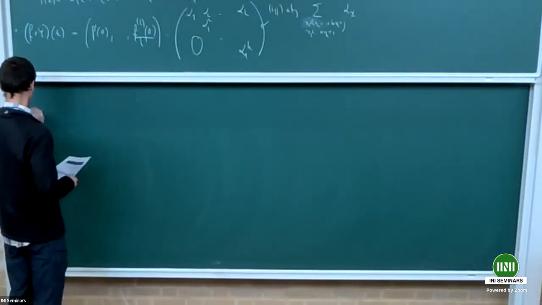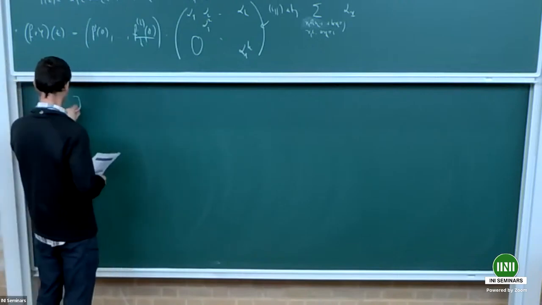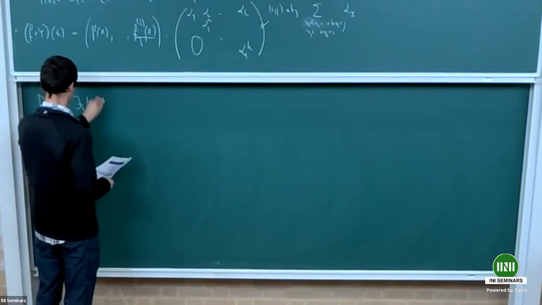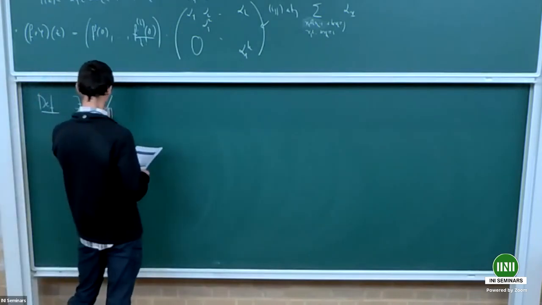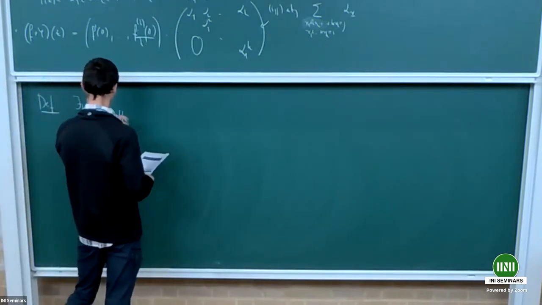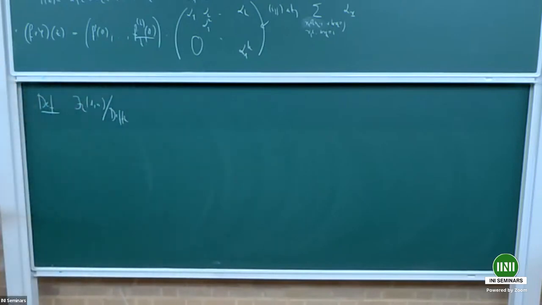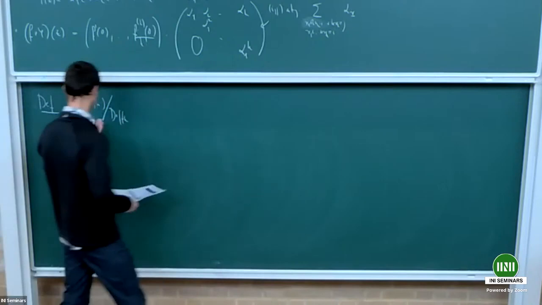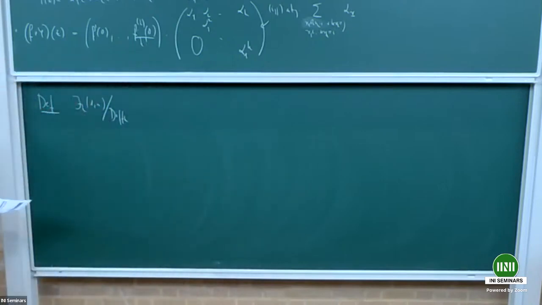My definition: we call J K 1 n mod Diff K, which is just a set of orbits now. This is anyway quasi-projective, but for now we can think of it as a set of orbits.